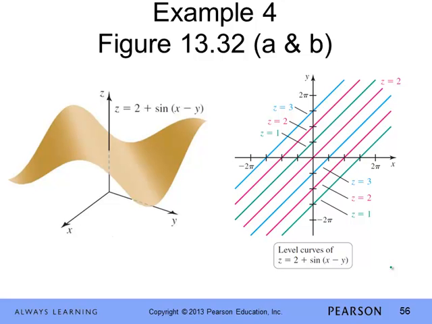So z alternates between 1 and 3 with these level curves that are straight lines. So that's what gives us the inspiration that we have this ripple sort of surface for the graph of that function.